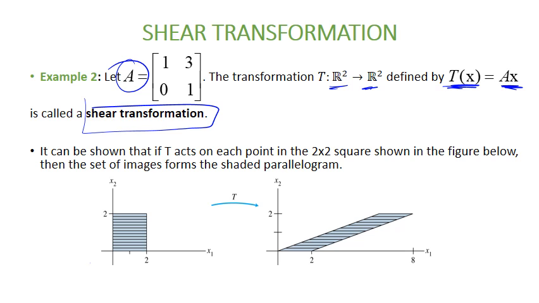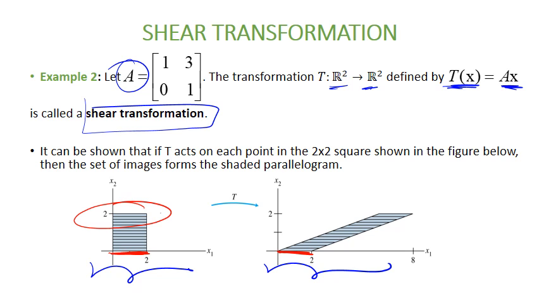We go from this image to this image. The thing to point out is that the base remains the same. The bottom is fixed, but the top of the square is pushed to the right. So that part is moved.